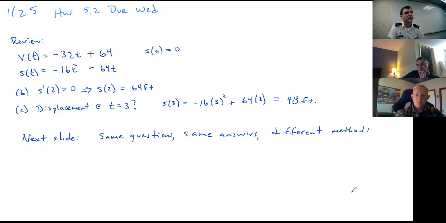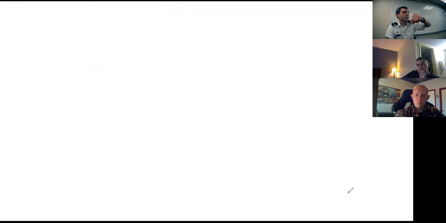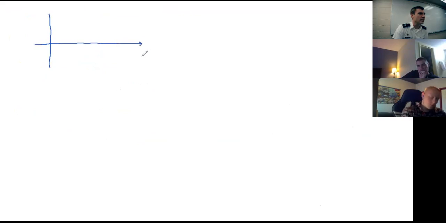And this, again, ties into the big ideas of calculus, what section 5.2 is really all about. So I can draw some axes here. I'm going to draw a v of t, and I really only care about when I get to t equals 3, but I'll give myself 4 spots here, 1, 2, 3, 4.